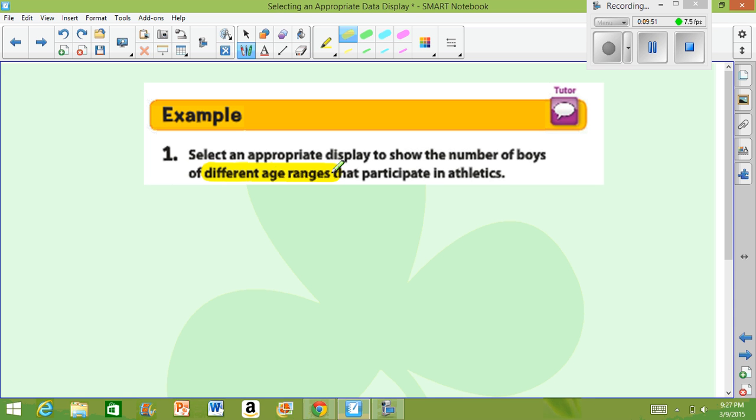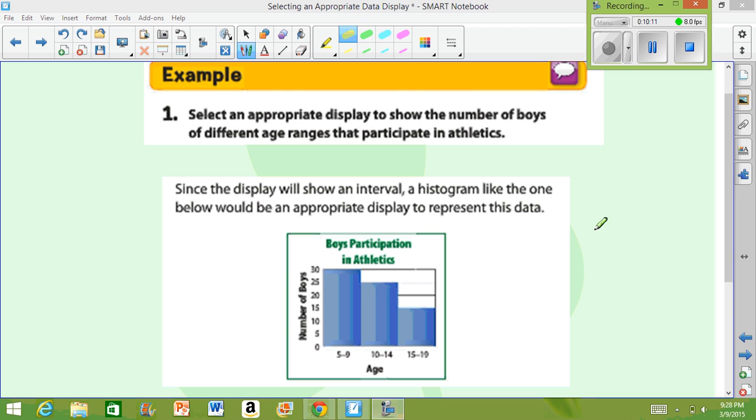Okay, and we're going to show the number of boys that participate in different types of athletics. So when we are talking about a different age range, we are talking about using a histogram. So since the display will show an interval, a histogram, like the one below, would be an appropriate display to represent the data.